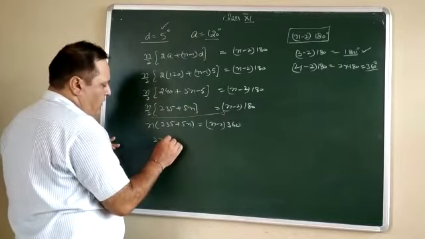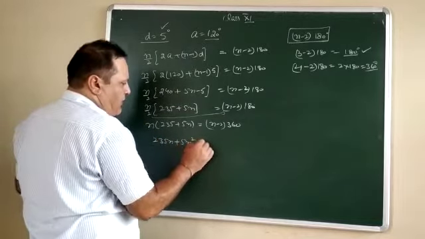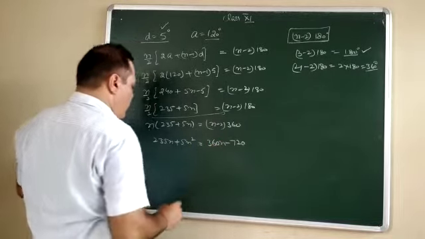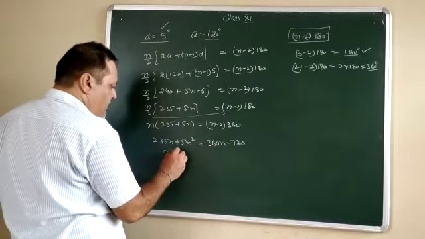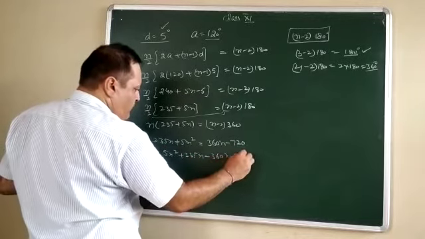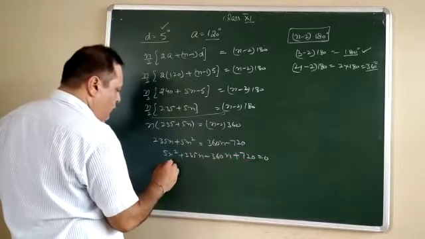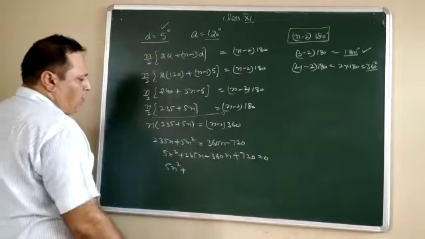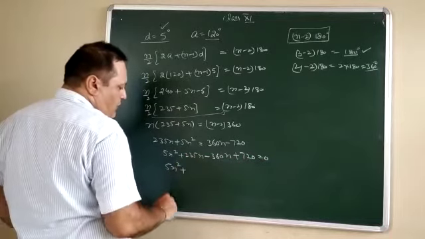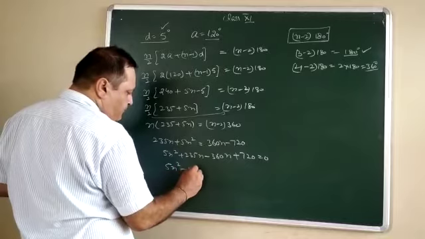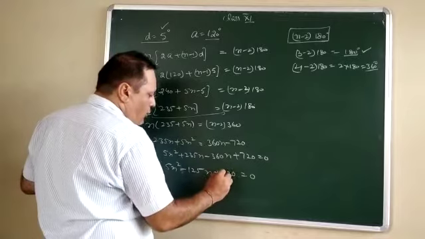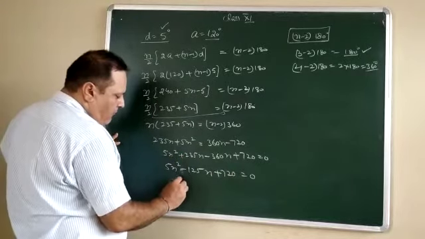It is 235n plus 5n square equal to 360n minus 720, or 5n square plus 235n minus 360n plus 720 equals 0. Now 360 minus 235 is 125, so 5n square minus 125n plus 720. Or you can shorten the equation by dividing by 5.